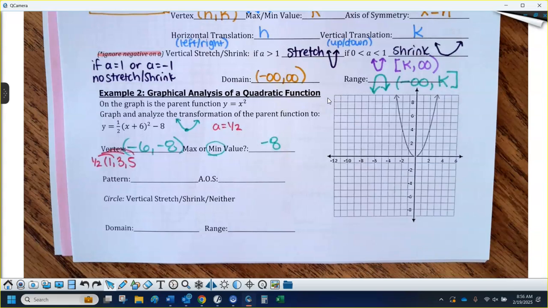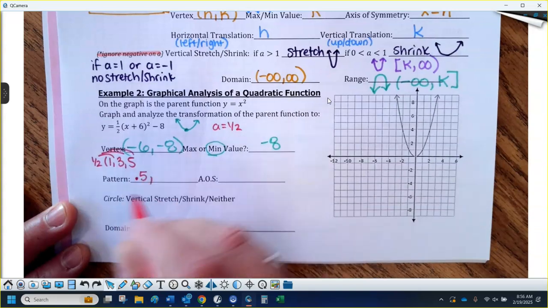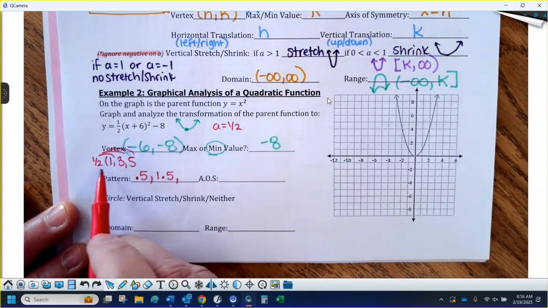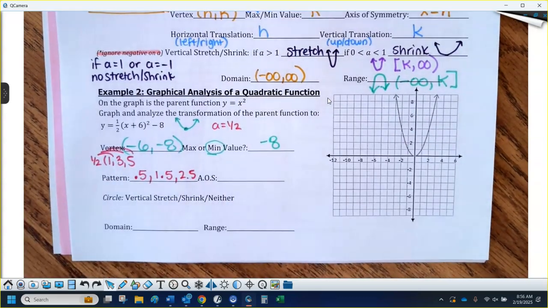And I was asking you guys yesterday, please, if it's a fraction, write your pattern as decimals. If I do 1/2 times 1, it's 0.5. 1/2 times 3 is 1.5. And 1/2 times 5, you get 2.5. So I'm just doing three spaces. We could keep going with that pattern, but 1, 3, 5 should give you enough to get the graph.